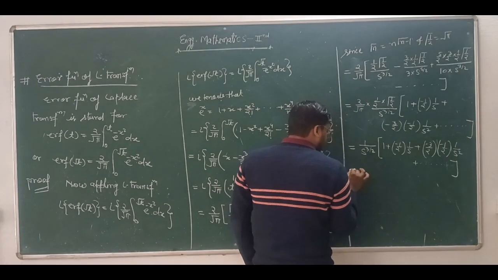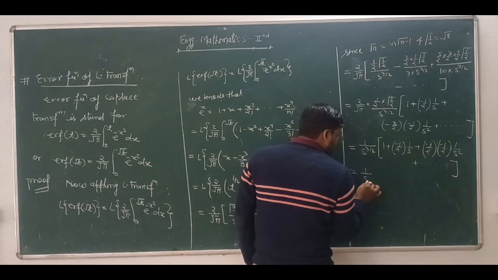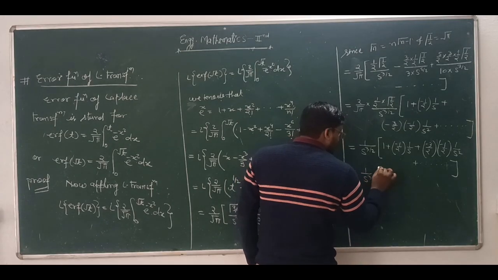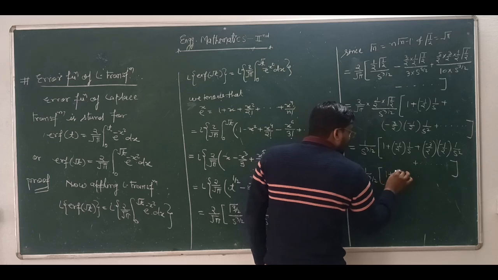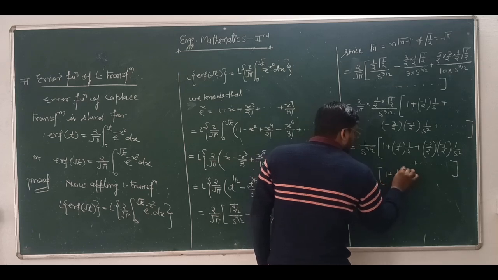This is a function of 1 upon s to the power 3 by 2 1 plus 1 by s to the whole power minus 1 by 2.